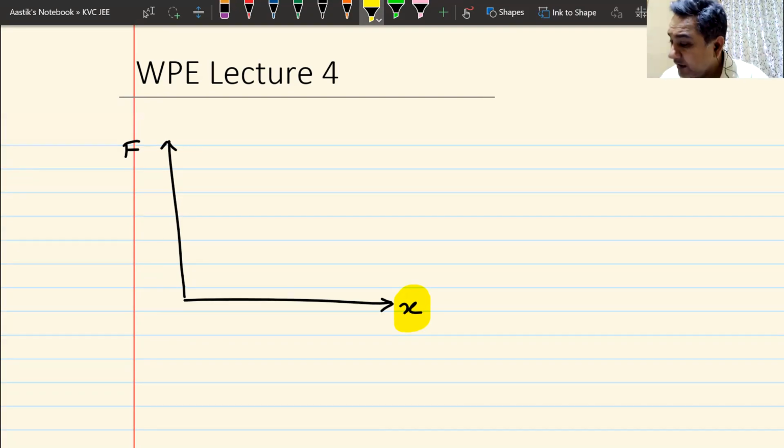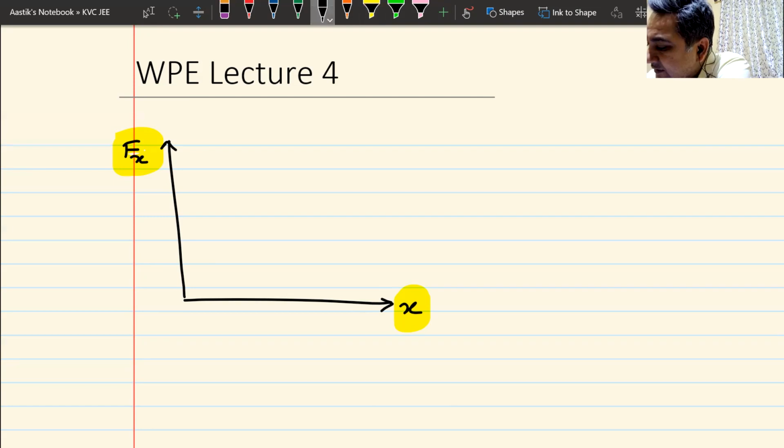And on the y-axis, I have plotted Fx. You must remember this Fx is the x component of the force. So I have plotted the x component of the force on the y-axis, and I have plotted the position on the x-axis.